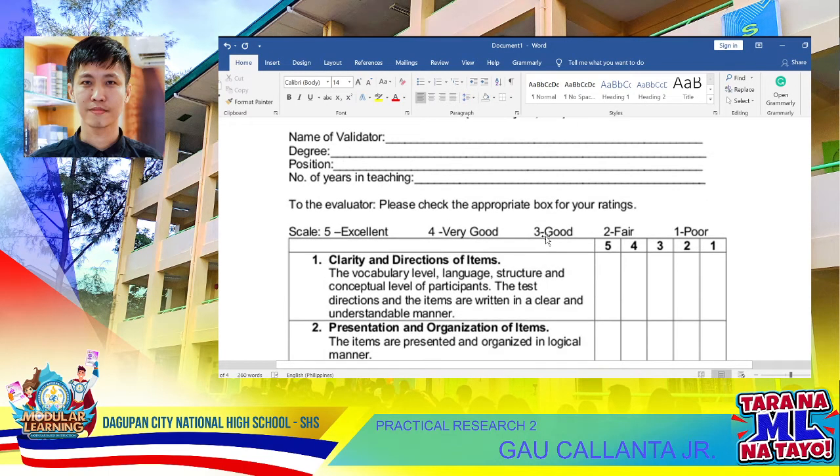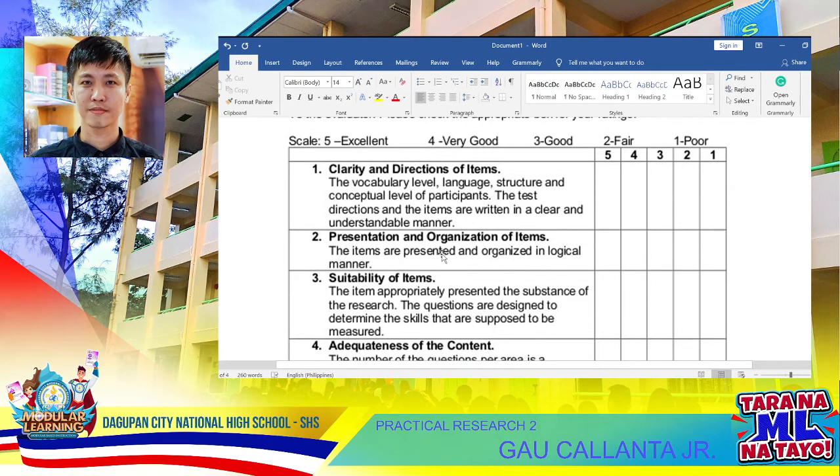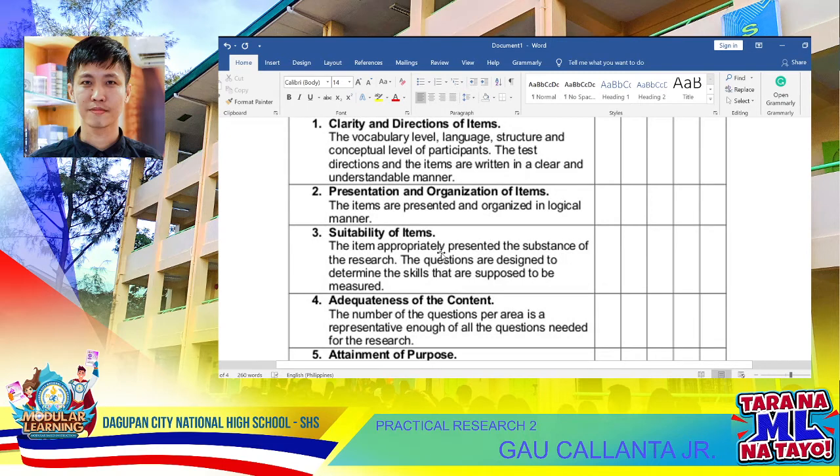Now, we have here some 7 criteria. Number 1, your questionnaire would be checked against clarity and directions of items regarding the language, structure, vocabulary level. Number 2, the presentation and organization of your questionnaire. Number 3, suitability of your questions. Are the questions relevant enough to your statement of the problem?